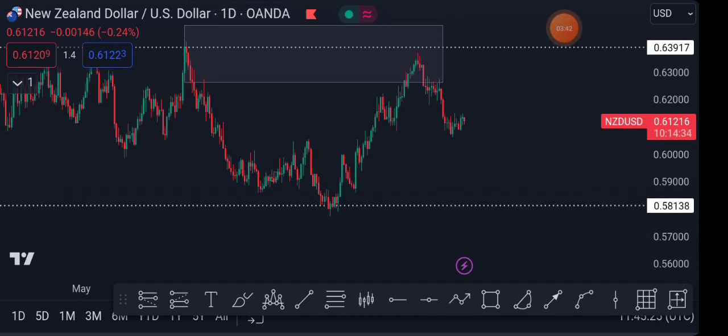So as you can see at this area also, we also have a supply level at this zone, at this area here.